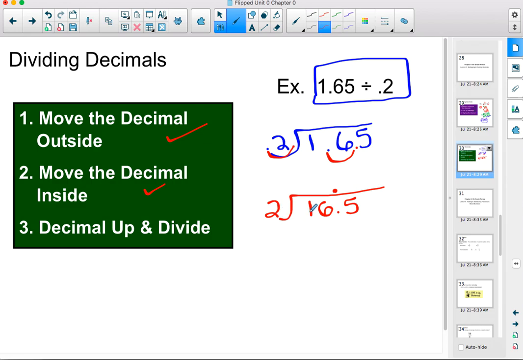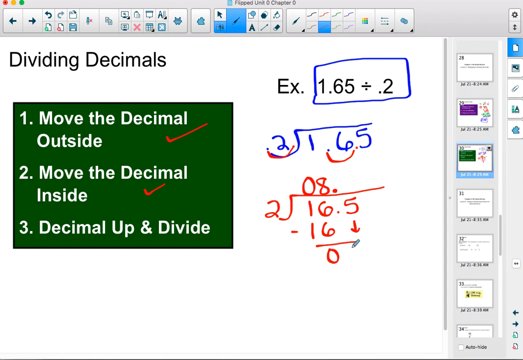2 does not go into 1, so I'm going to put a 0 there to hold my place. I think that's a really smart move. 2 goes into 1 0 times, but 2 does go into 16 8 times. 8 times 2 is 16, and we can do some quick subtraction. 16 minus 16 is 0.